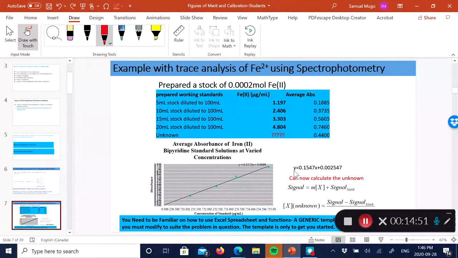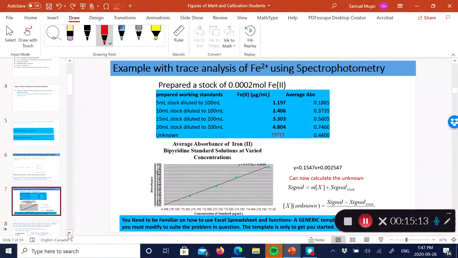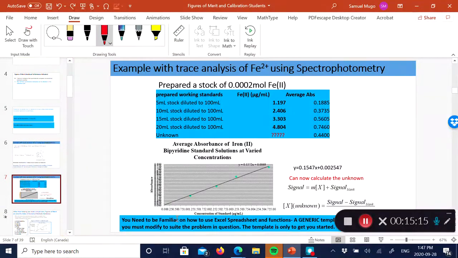And so you can substitute the signal here, the 0.44, and then determine the x, which is the concentration of the ion in the unknown sample. So basically, that's what you do when you're doing your calibration, and that's the purpose of the calibration, to help you determine the concentration, since you know what the signal is.